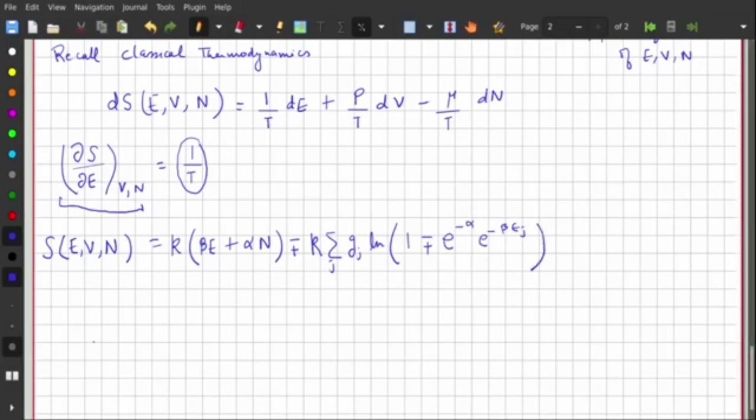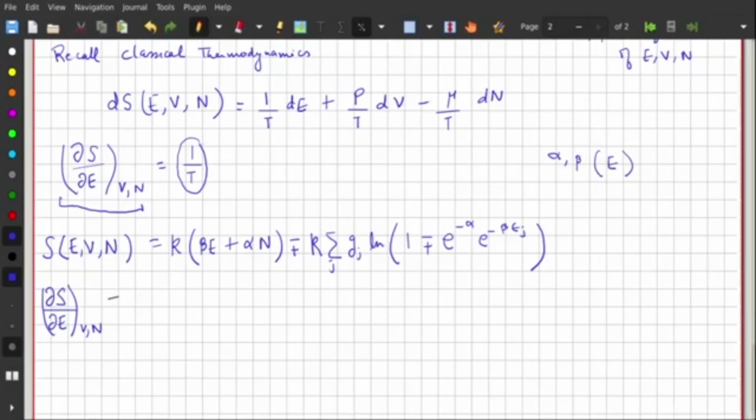That's given, so let's now do the partial derivative of S with respect to E at constant V and N, realizing that alpha and beta are also functions of E.